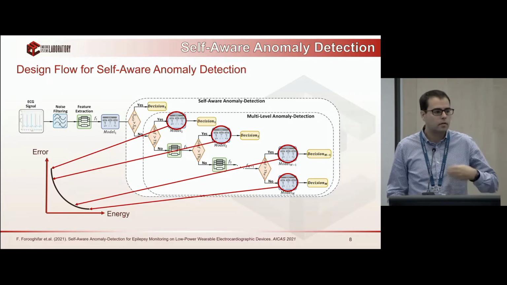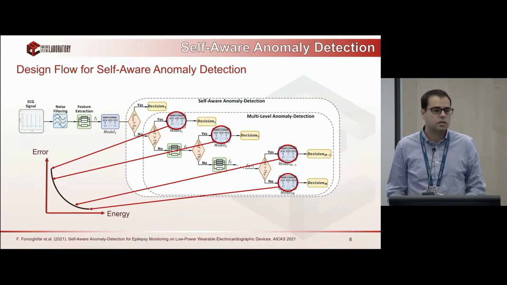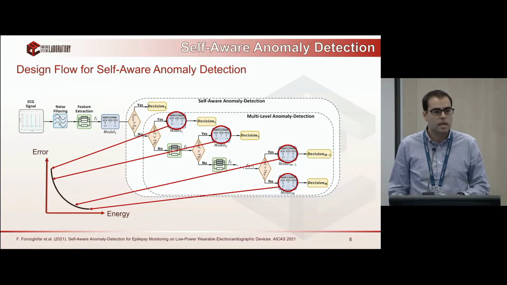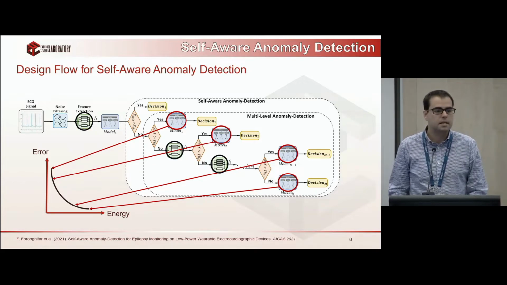While you are performing the detection, it's like a tree. You start with the simpler models. If the confidence of this model is enough, then you give the result. If it is not enough, you go to a more complex model. And you can do this in a hierarchical way. The complexity is based basically on the number of features you need for doing the classification.